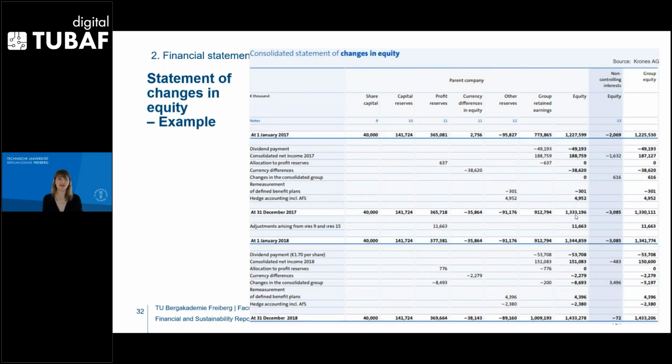And we can see it also in this example for the parent company, in our case the consolidated statement of change in equity. And then we can see how the equity decreases, for example, because of dividend payments, or, for example, measurements of defined benefit plans are also shown here in the statement of change in equity.